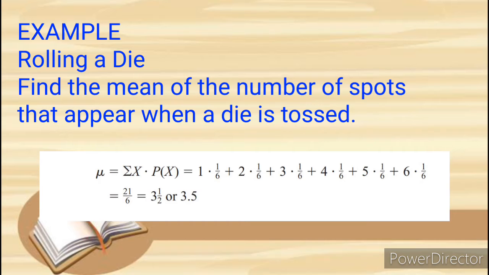Hence, multiplying each outcome by its corresponding probability and finding the sum will yield the theoretical mean. In other words, outcome 1 would occur approximately 1 over 6 of the time, outcome 2 would occur approximately 1 over 6 of the time, etc.